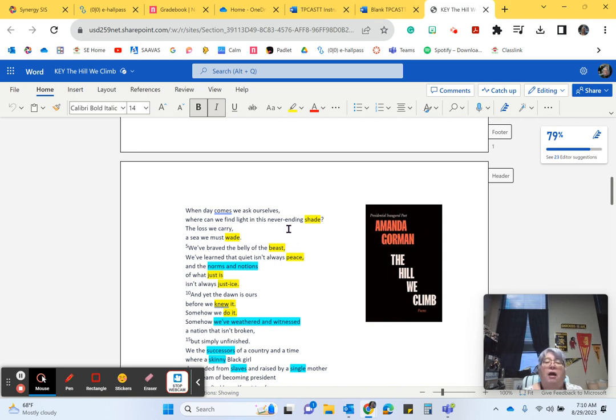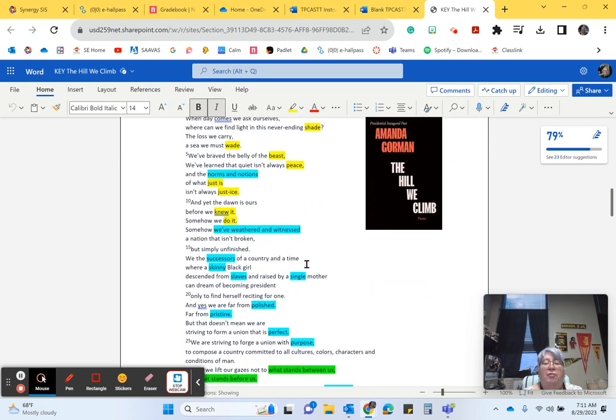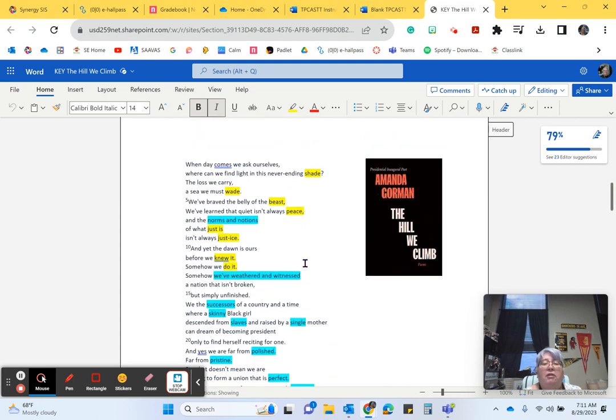So, like we have shade and wade, and then we have beast and peace, but not everything rhymes. So we have just is, and justice, knew it and do it. So we talk about the rhyme scheme there. Then we'd also talk about alliteration, norms and notions we've weathered and witnessed.